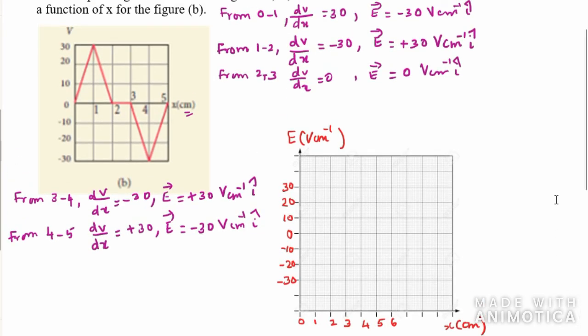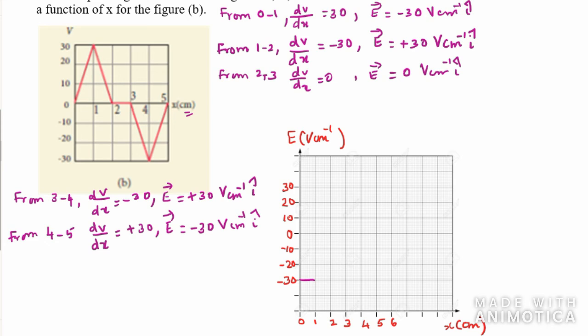So from 0 to 1 it is minus 30. So first it will be minus 30. Then from 1 to 2 it is plus 30.